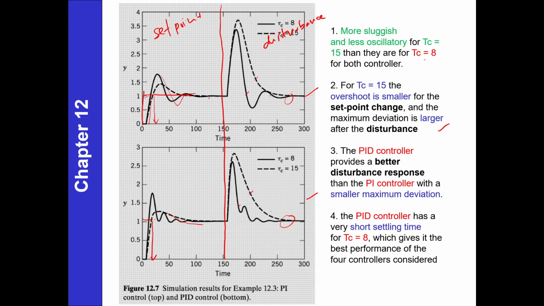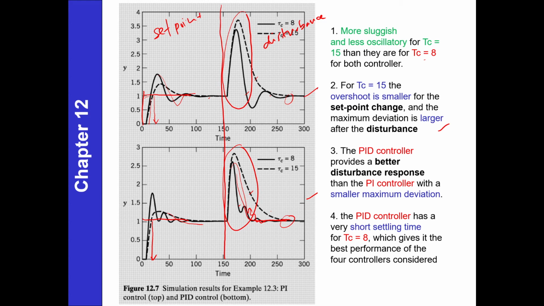And when you introduce a disturbance, the controller should do disturbance rejection, bringing the response back to the set point. That is the definition of set point tracking and disturbance rejection.